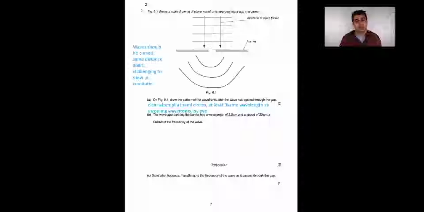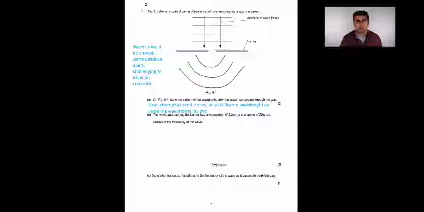Well, the mark scheme is looking at a clear attempt at drawing semicircles, at least 3 of them, of the same wavelength by eye. Doing it on computer was a little bit challenging, but these should be nice and curved. I know this one looks a little flat at the end, but it should be nice and curved. And the wavelength here and here should be the same.